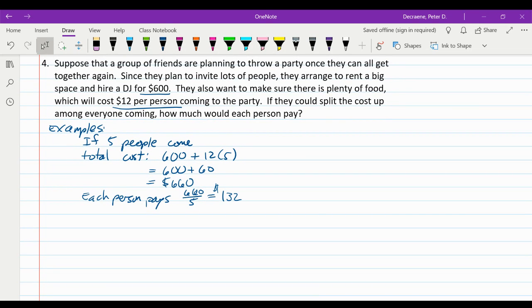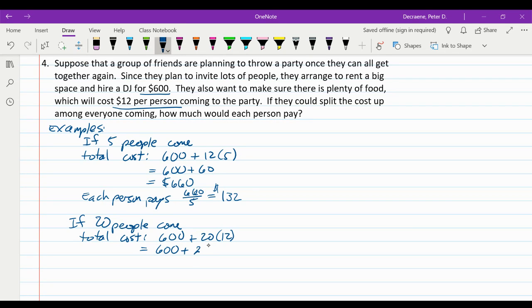Let's do another example and see what happens. If 20 people come, the total cost is going to be 600 because I've got to pay for the space and the DJ, plus 20 people times $12 per person. So it's going to be 600 plus 240.